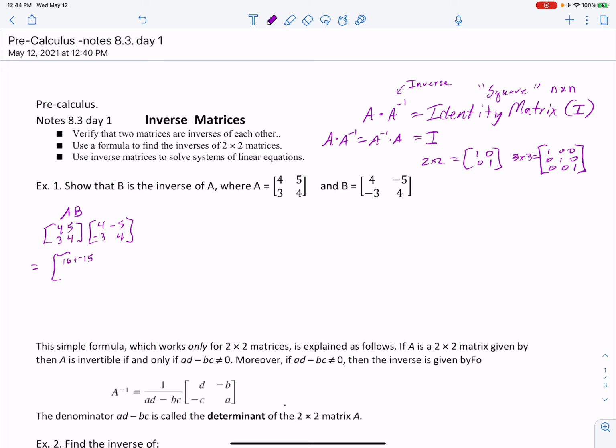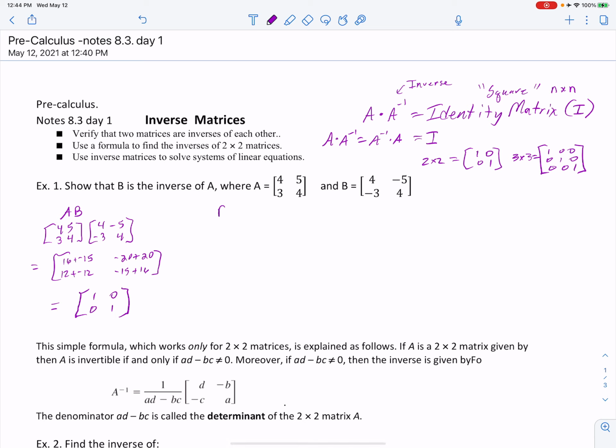You've got a negative 20 plus 20. Drop to the second row of the first matrix, the 3, 4, and multiply by the column in the second one. So we've got 12 plus a negative 12. And then we have a negative 15 plus 16. And that comes out to be 1, 0, 0, 1.